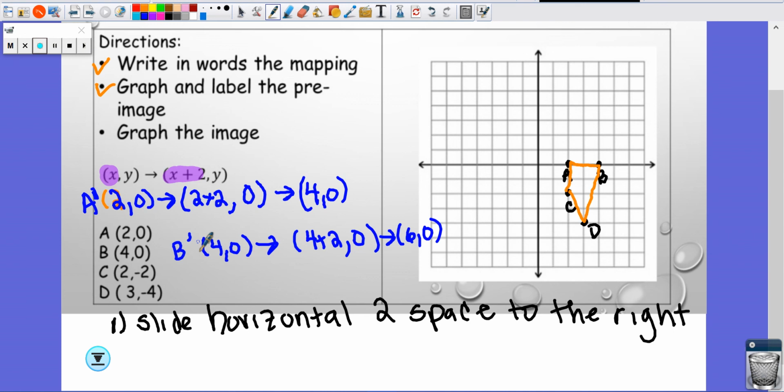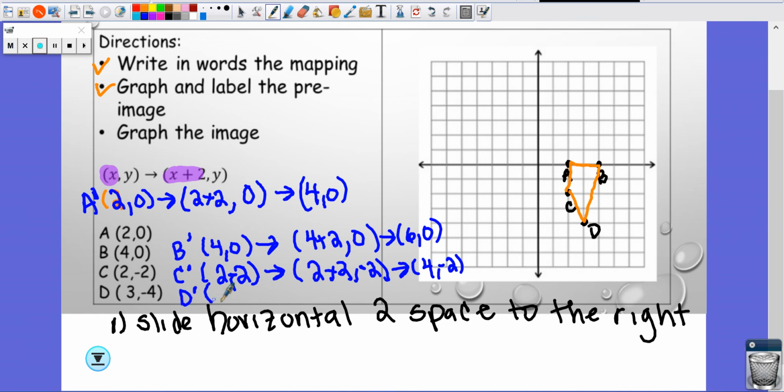So my pre-image was 4, 0, and my image is 6, 0. To get C prime, that 2, negative 2, which is a pre-image, is going to get mapped over to 2 plus 2, and the Y stays a negative 2, and that becomes 4, negative 2.